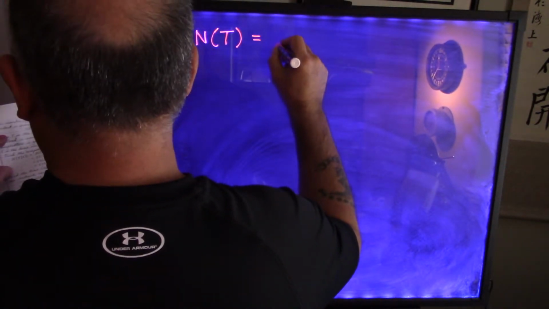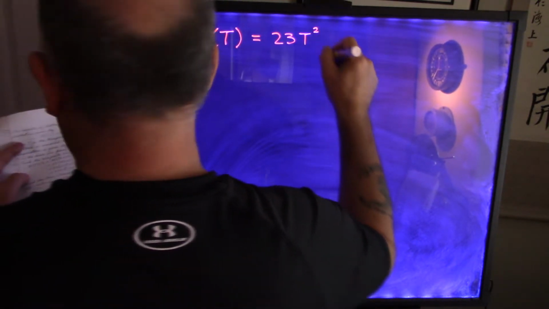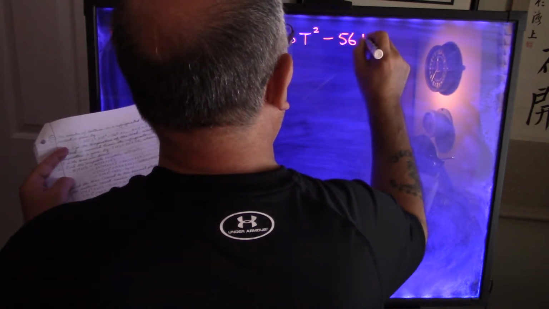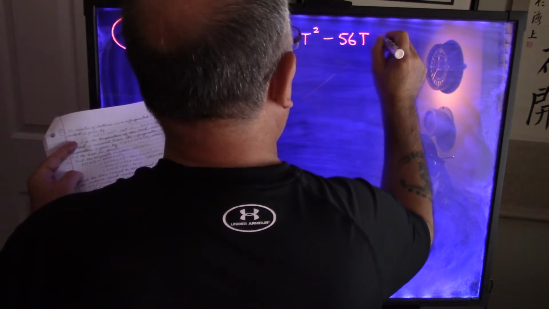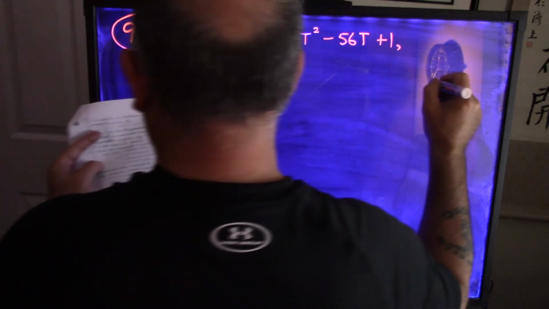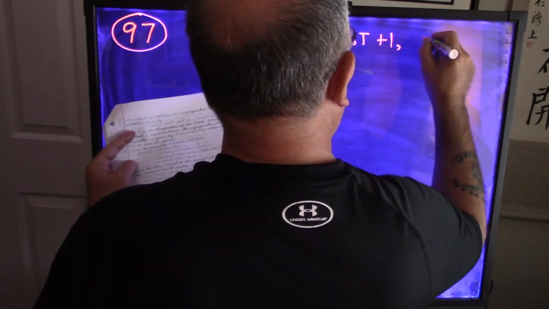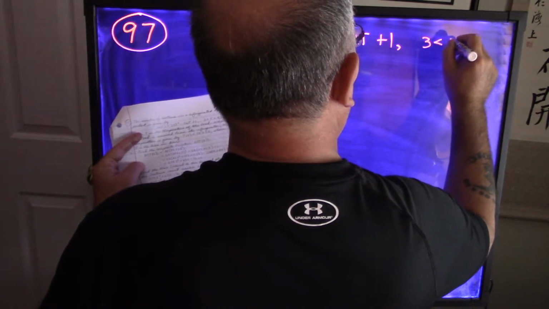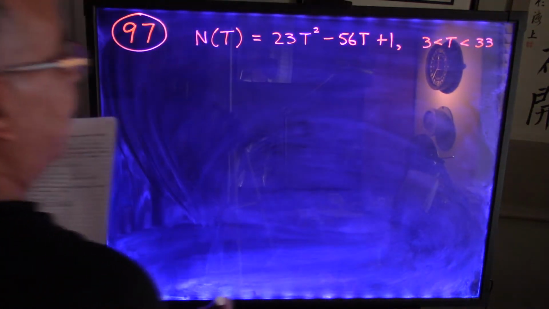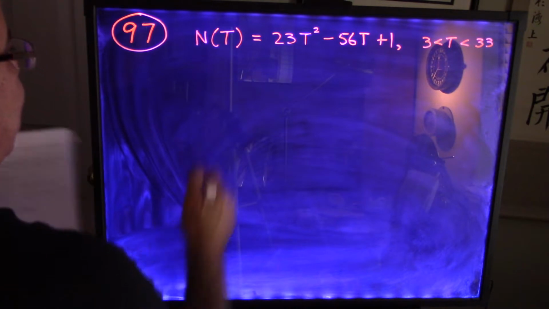So that's 23 capital T squared minus 56T plus 1, and the domain restriction is between 3 and 33. So that's the domain of capital N, all right? T is the temperature of the food.